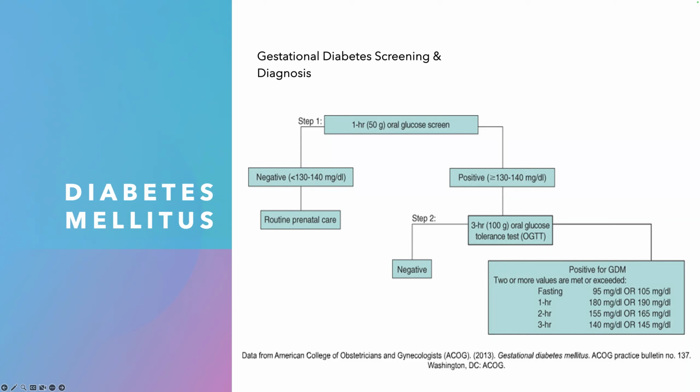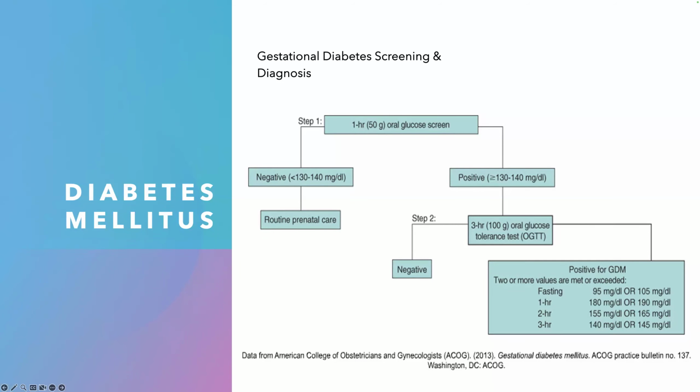There's no specific number that everybody in the world can agree on. Some providers use a cutoff of 130 or higher as screening positive. Some people use 135 or higher. Some people use 140 or higher.